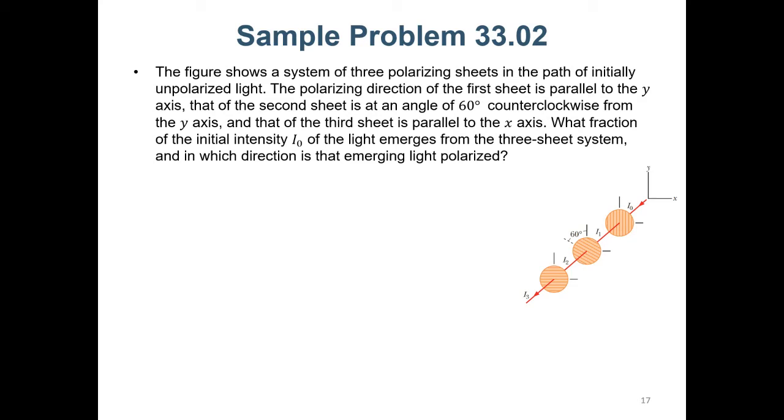So here is an example. Here we have incident light with an intensity I0. The figure shows a system of 3 polarizing sheets in the path of initially unpolarized light. So this incident wave is unpolarized light.